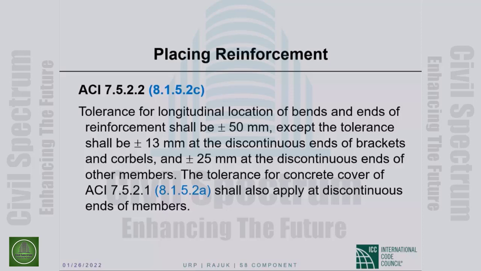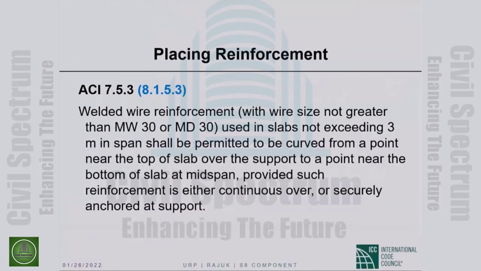Okay, so pretty clear cut. You just have to read it once or twice. The tolerance for concrete cover shall also apply at discontinuous ends of members. So the side cover at the discontinuous end will be the same as the cover that we talked about.